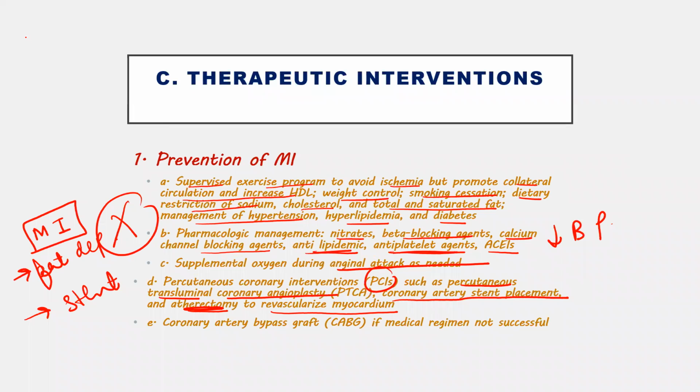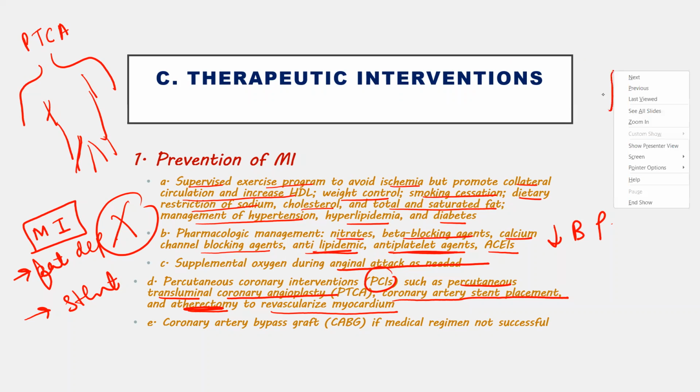So this is percutaneous transluminal coronary angioplasty. In this, if this is a patient, we will insert the catheter from the groin region. And what is the main purpose? The main purpose is to dilate the coronary artery.